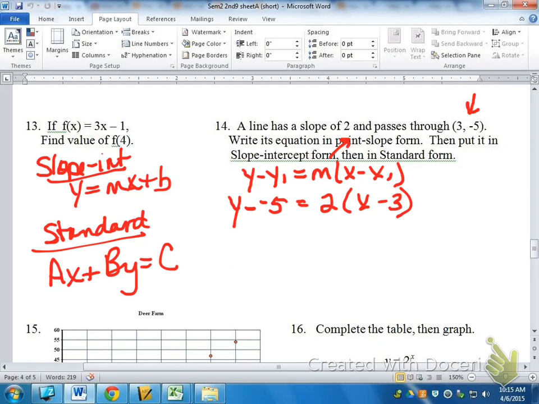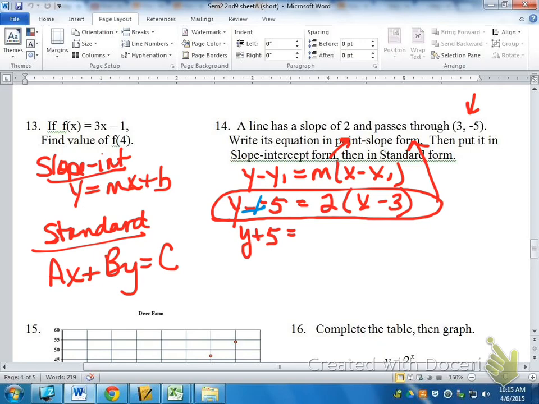The first thing that I'm going to fix, we don't do double signs. So what is y minus negative 5? Plus. Okay? So here's now what I would write. Y plus 5 equals, oh, sorry. You know what? This is my first answer right here. That is point slope form.